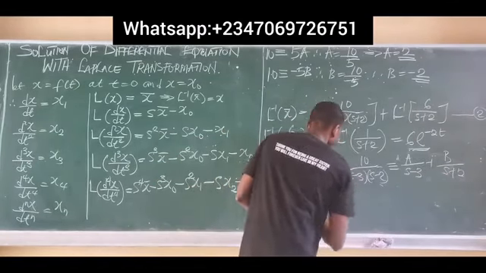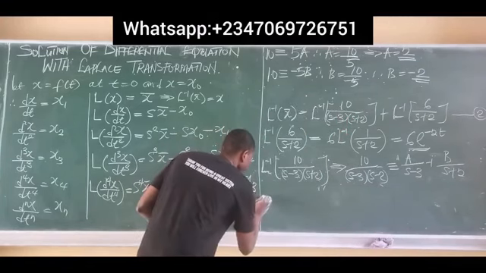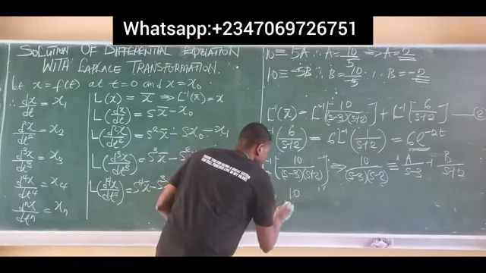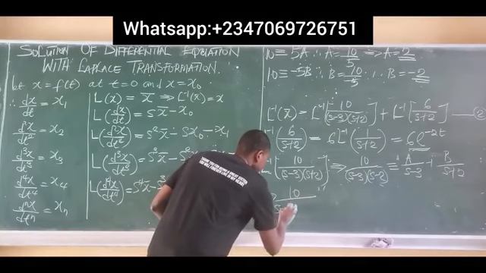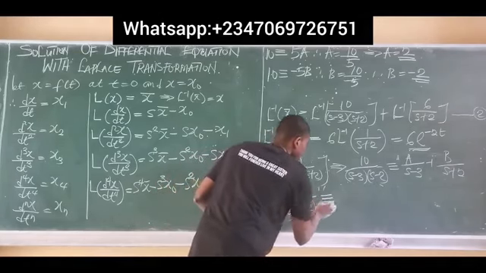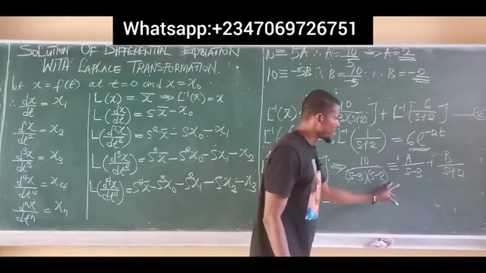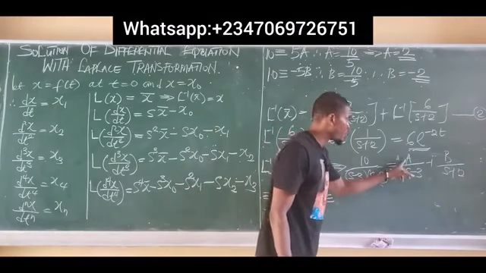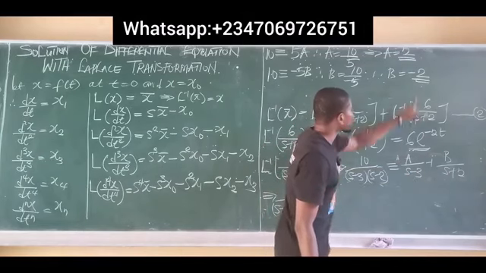All right, so this implies that the compound fraction 10 all over S minus 3 times S plus 2, which we obtained here, is equivalent to A all over S minus 3. What is A? A is given as 2.